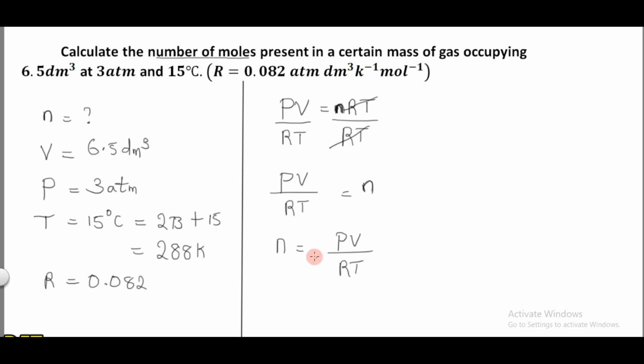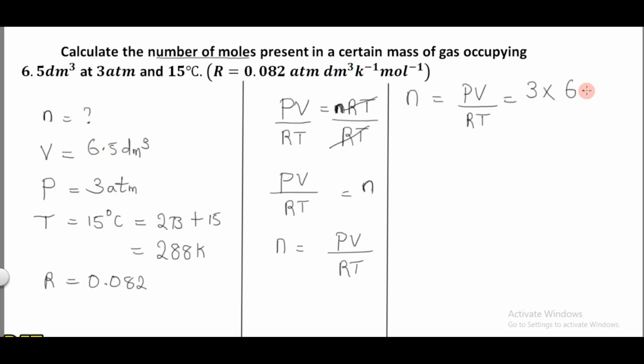So the next thing I would want to do is to put in my values. So I have from here that my n is equal to PV over RT. So this will be equal to, my P is 3 atm, so that will be 3 times my V, which is the volume, 6.5 dm3.